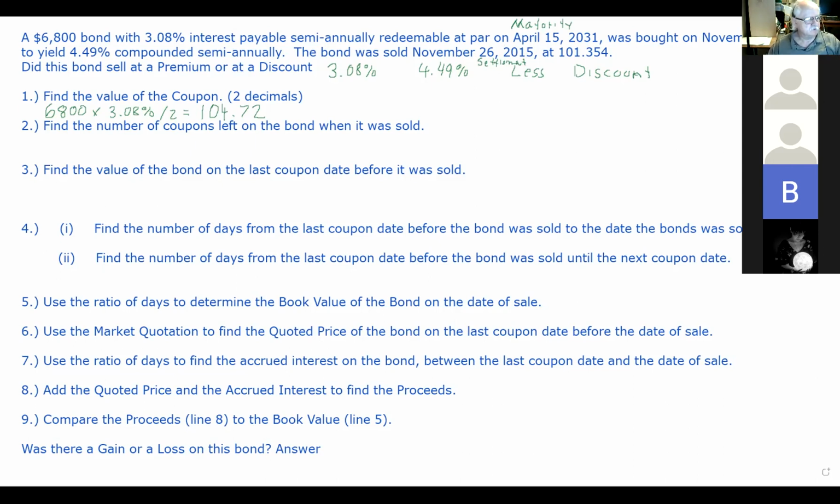So we go over to our Excel spreadsheet, and we are going to type in for maturity. Do you want me to share the Excel spreadsheet so you can see what I'm doing there?